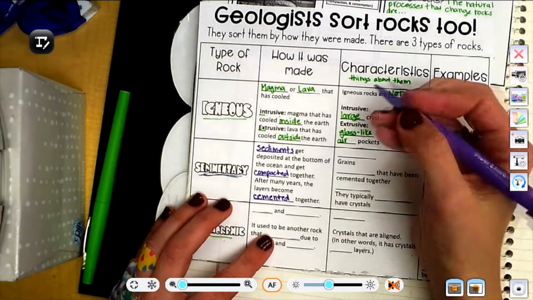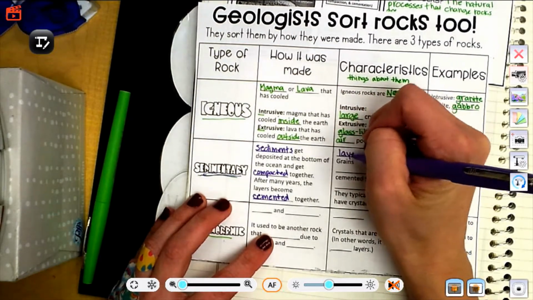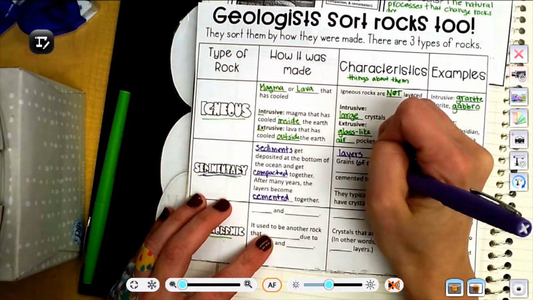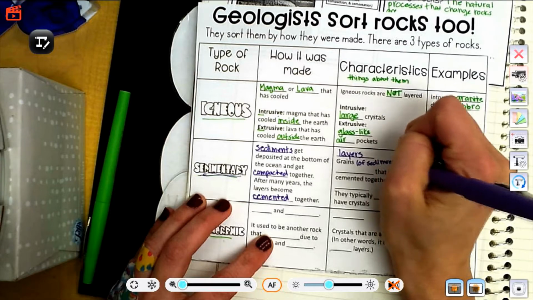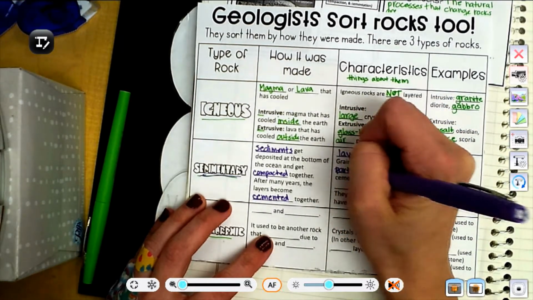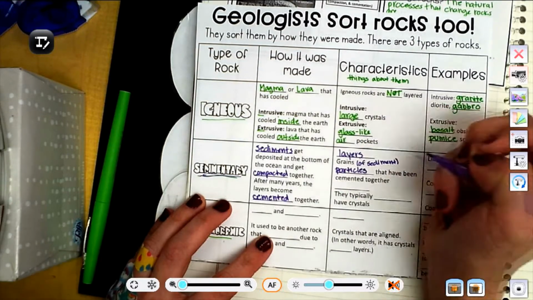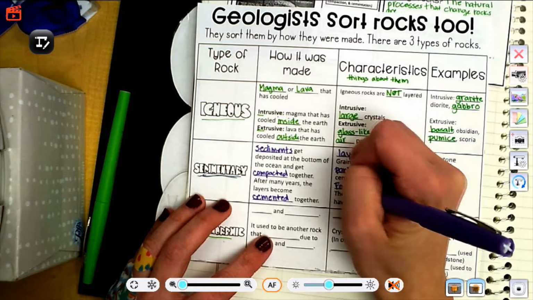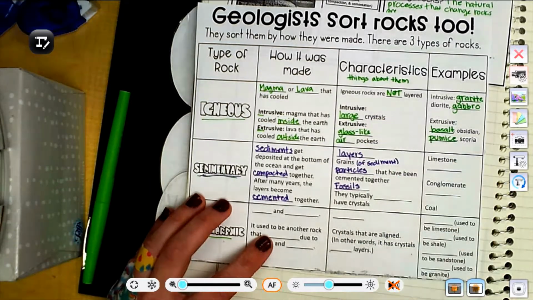Characteristics of sedimentary rocks: they have layers. They can have grains of sediment. They are just particles or sediment that have been cemented together. They can have fossils. The other two cannot.